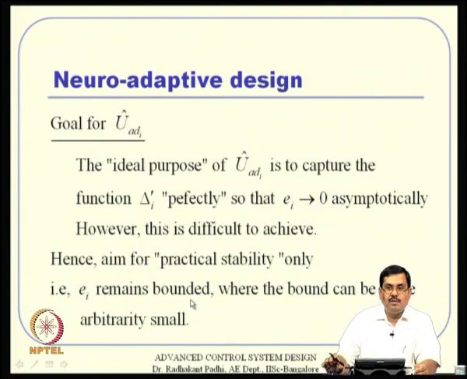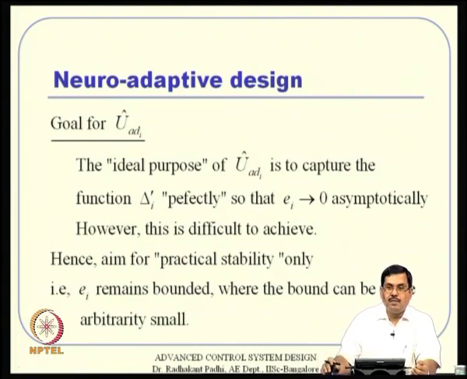So, first of all, EI should remain small, but you will not be left with just "okay, this is only bounded," and I have to live with whatever bound pops up. That is not practical stability. The bound can be made as small as you want, though you will not be able to make it 0. By appropriate selection of design variables, you can make it small.